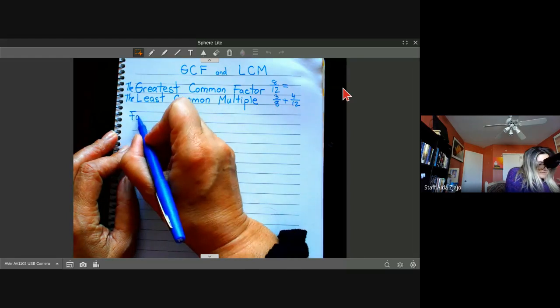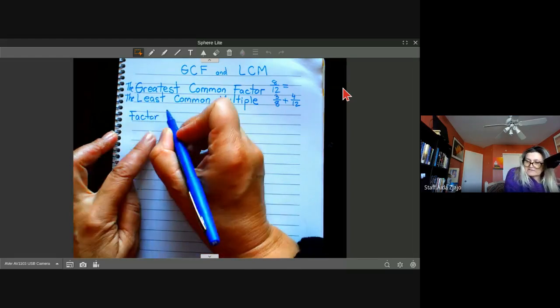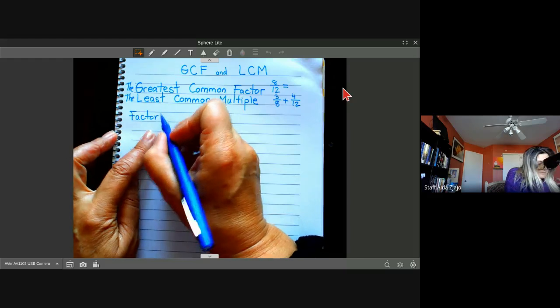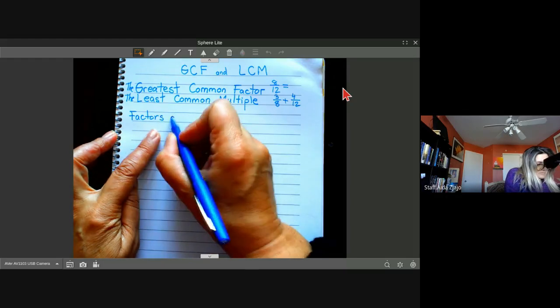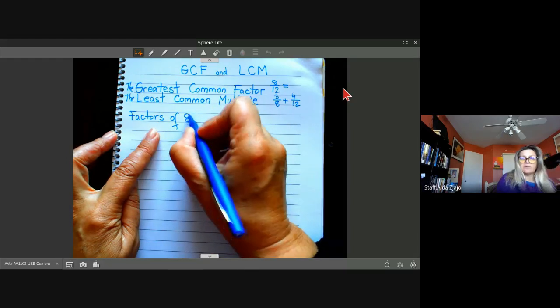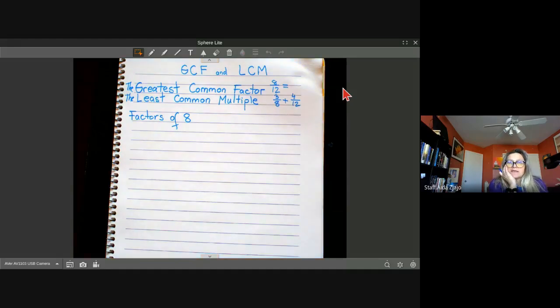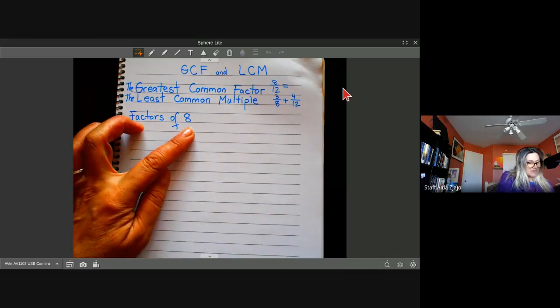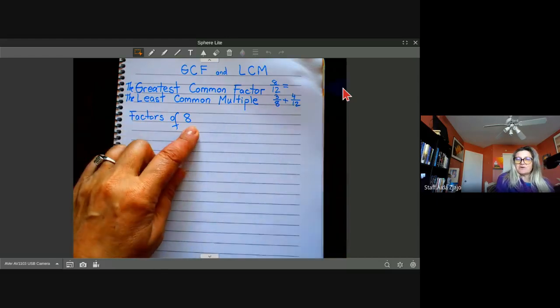Who knows what the factors of 8 are? How can you multiply two factors to get 8? 4 times 2. 1, 2 and 4.